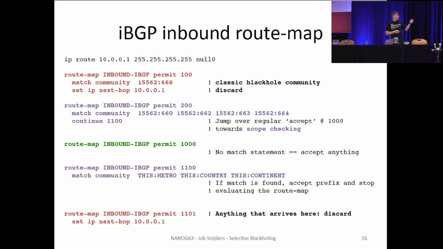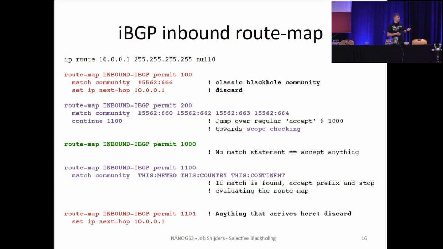Stanza 200 matches with 660, 662, 663, 664. These are the selective blackhole communities we defined earlier as the ones that we want to expose to customers. If selective blackholing is applicable, we will jump towards the place in the policy where we will match whether we are inside a region or outside a region.